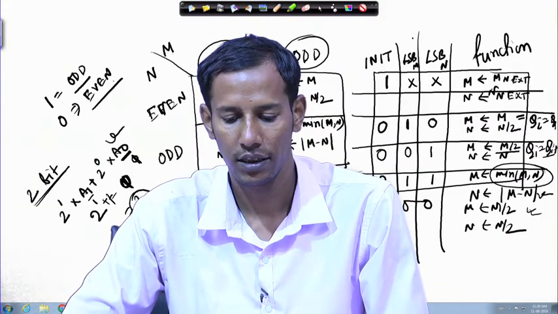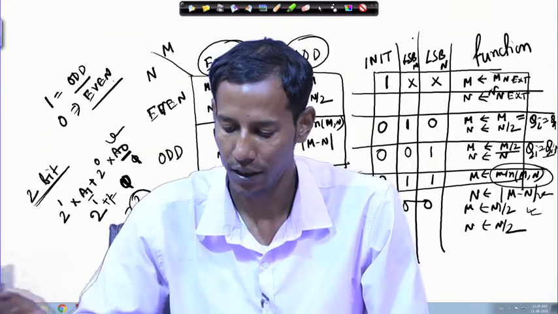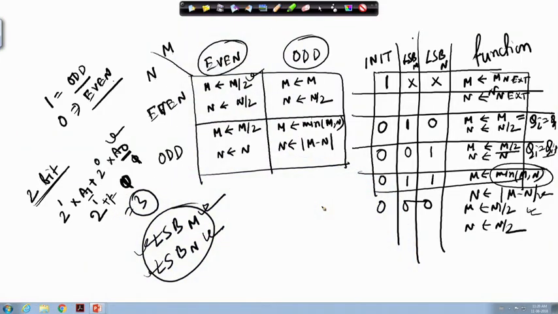In the last class, I was drawing this particular function, that means the functionality, how it works. Based on the LSB of m and the LSB of n, I can find out whether the numbers are even or odd, and then decide which function I need to implement.